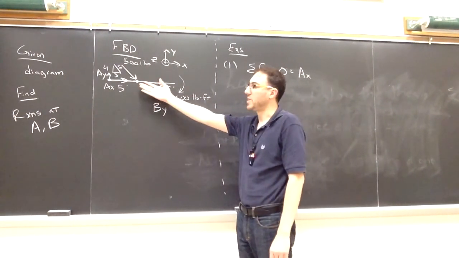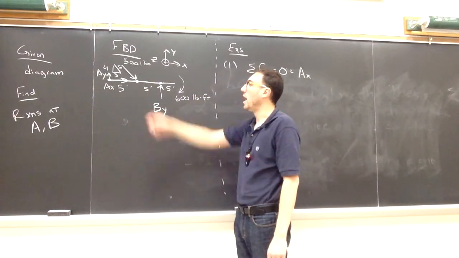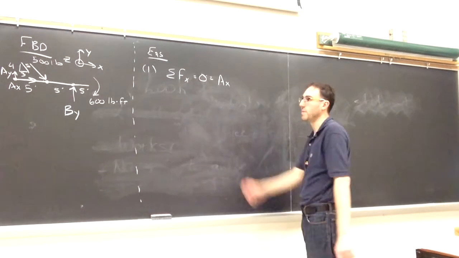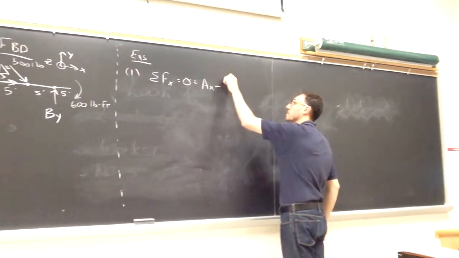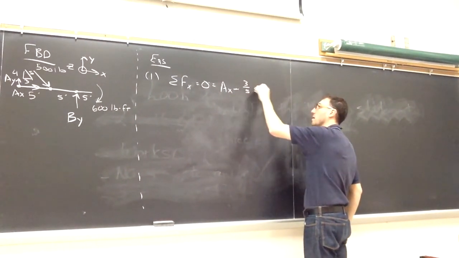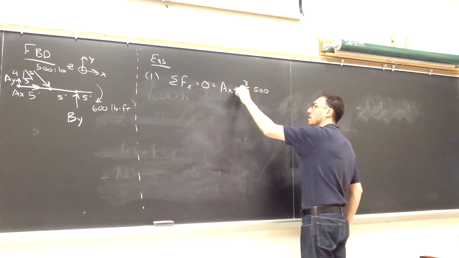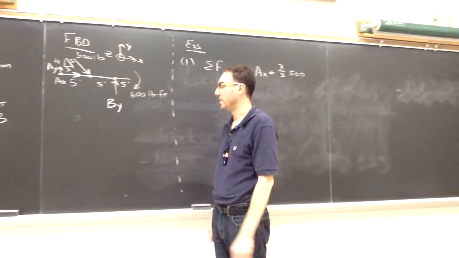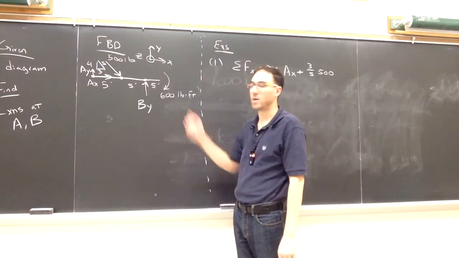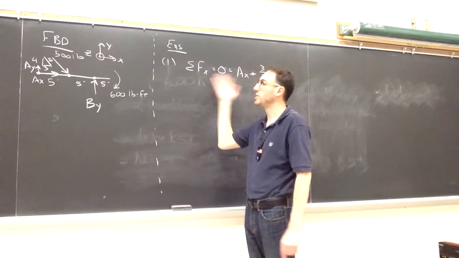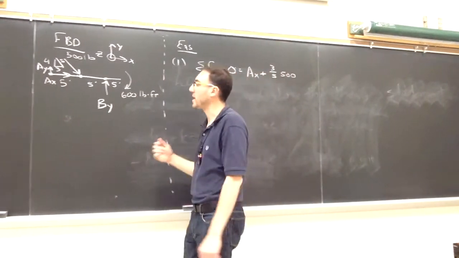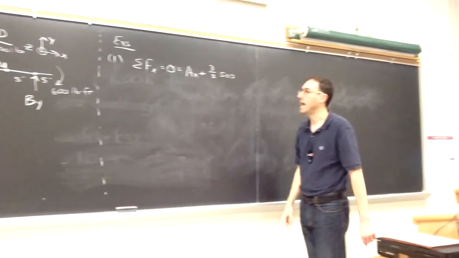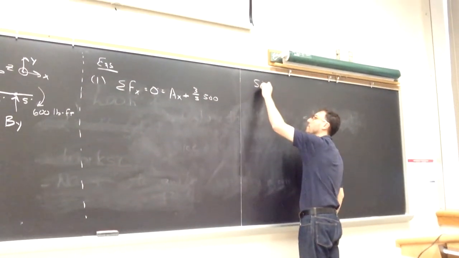AY does not have anything in the x direction. My 500-pound applied load, 3/5 of it is going to be pointing to the right. So I have to account for that in this equation. BY only acts along the y-axis. So equation 1, I'm done. I have everything that has an x component. And if I look at it, it only has one unknown, AX.